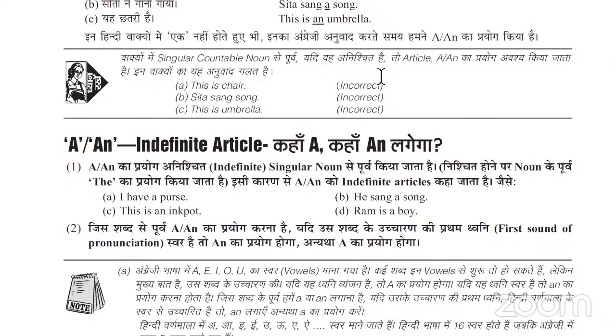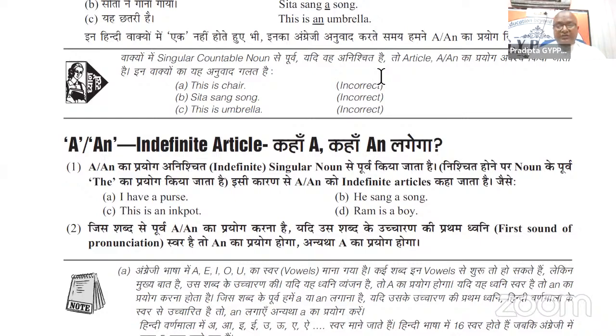An indefinite article talks about singularity, but does not definitely decide which one. Clear? So, I have a purse. It tells that you have got one purse, but it doesn't talk about which purse.